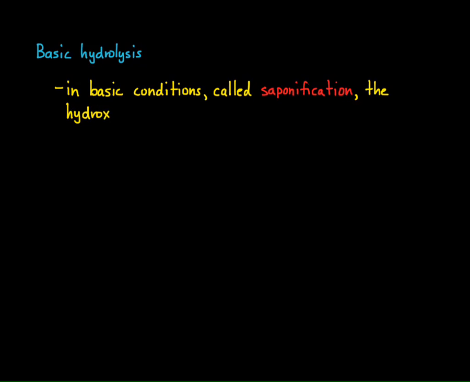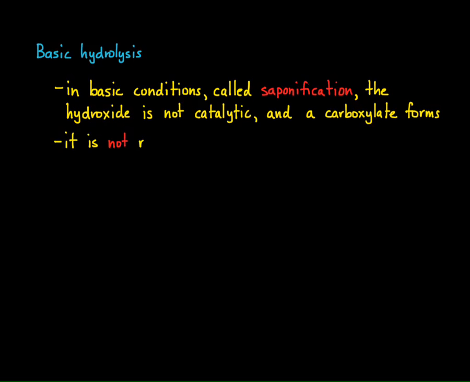And in that process, hydroxide, the base, isn't catalytic. And so a carboxylate forms. Now because of this, the reaction itself is not reversible, right? So this is very important to understand. Saponification actually is the best way of hydrolyzing an ester because you don't have that equilibrium process taking place.